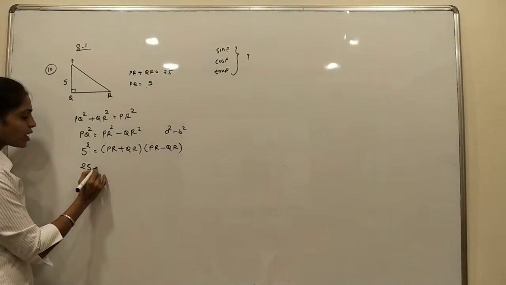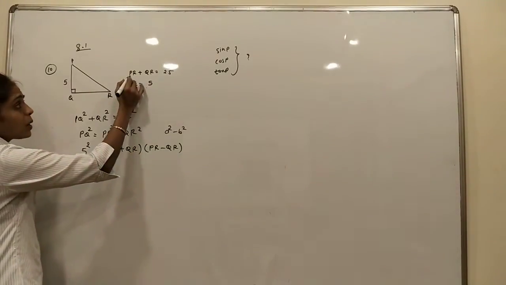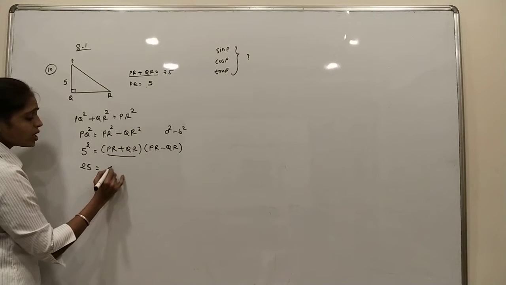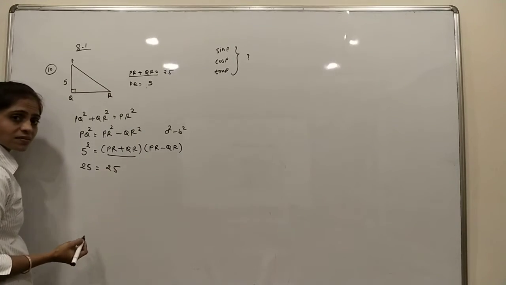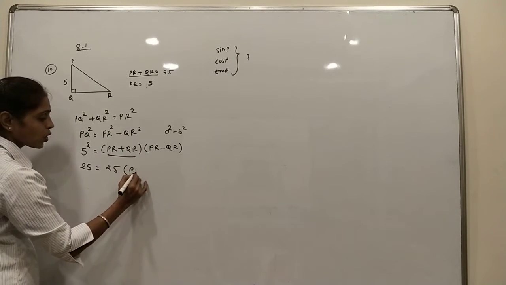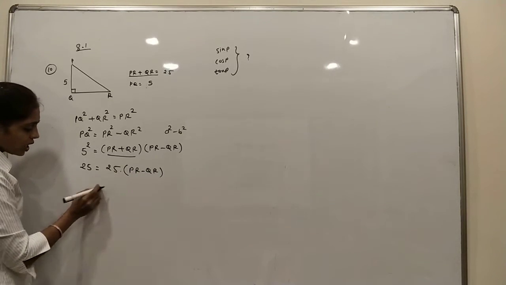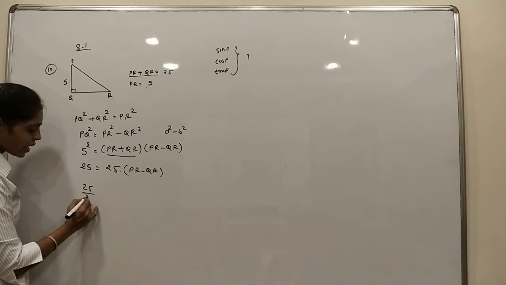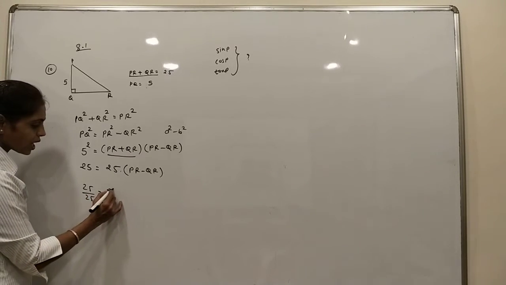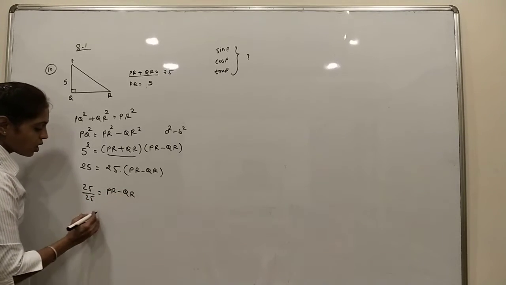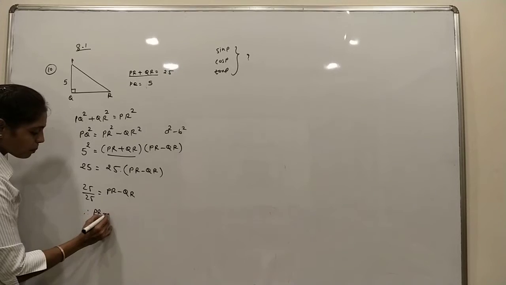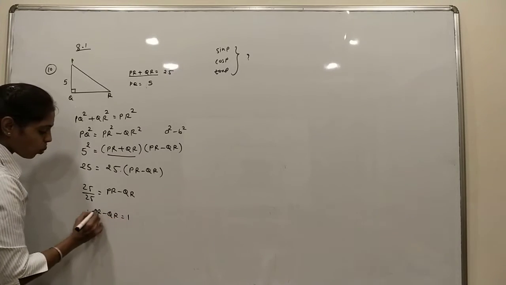25 is equal to PR plus QR, whose value is given as 25, and PR minus QR. When 25 goes to the denominator, 25 upon 25 is PR minus QR. So PR minus QR is 1.